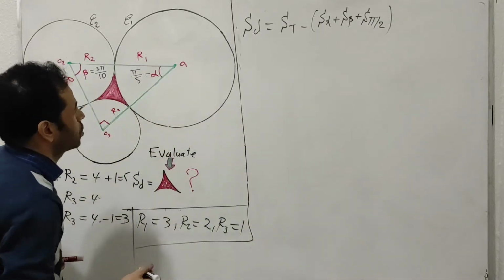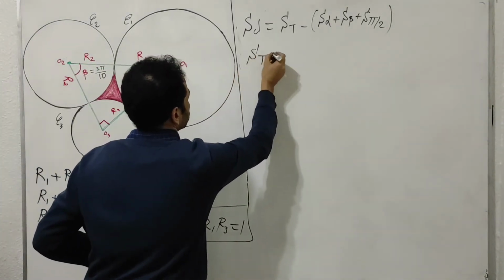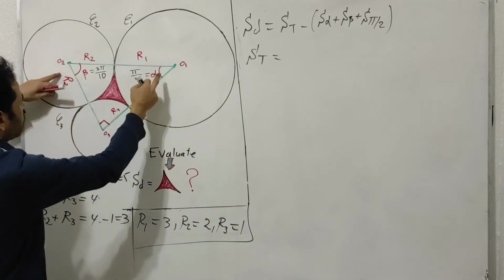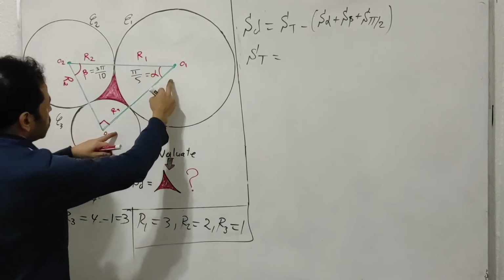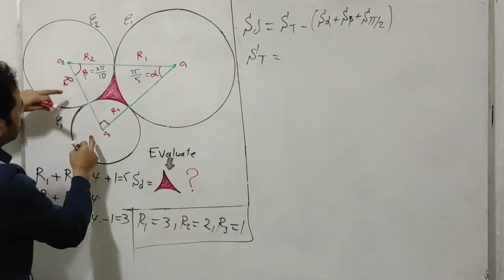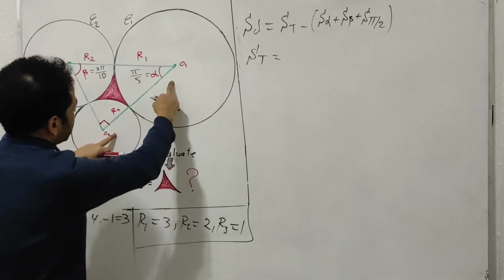I'm going to start with the area of this triangle. Knowingly, the area of this triangle is base multiplied by height, divided by 2. If you take this one as a base, this is the height. If you take this one as a base, this is the height. Let's take this one as a base.